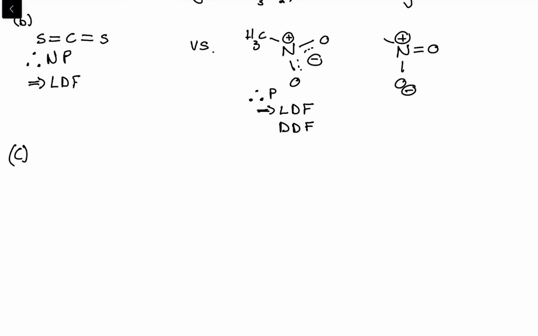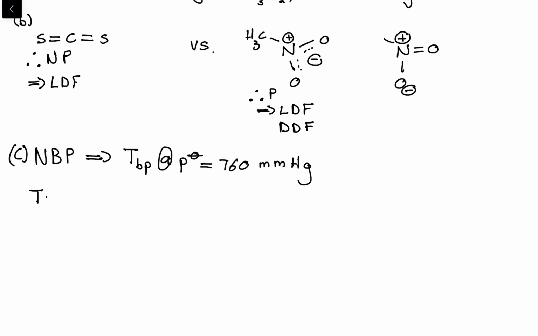So for your normal boiling point, TBP is when your vapor pressure is equal to 760 millimeter mercury, 1 atmosphere. So your boiling point of CS2 is roughly 48 degrees Celsius, if you read it off the graph.